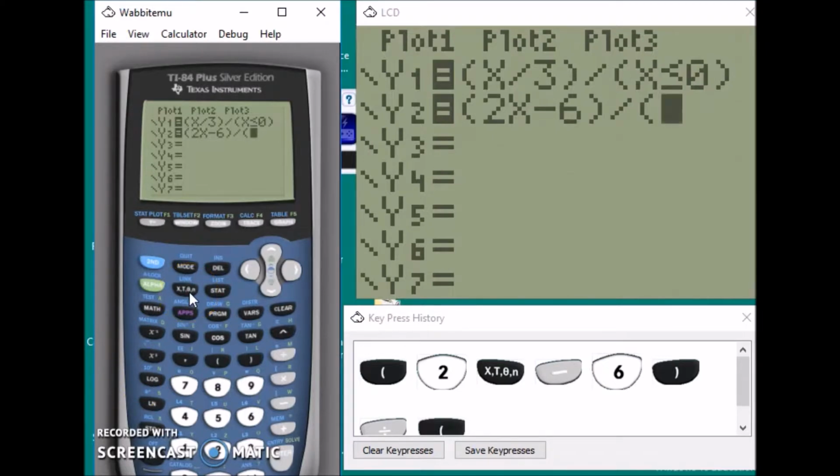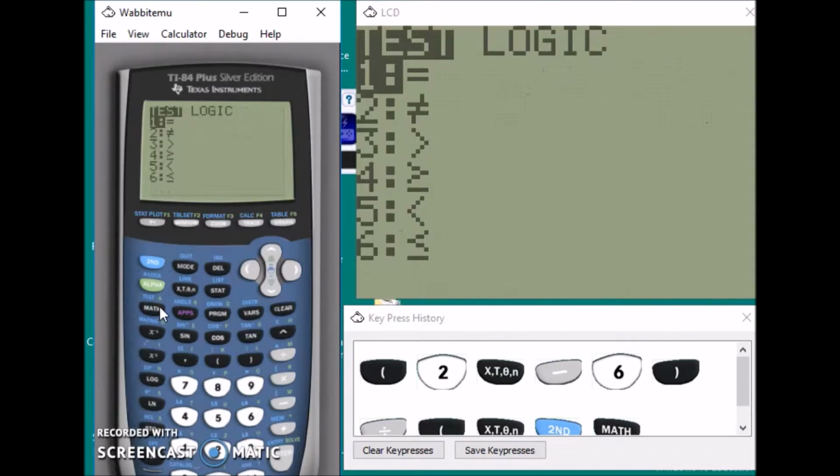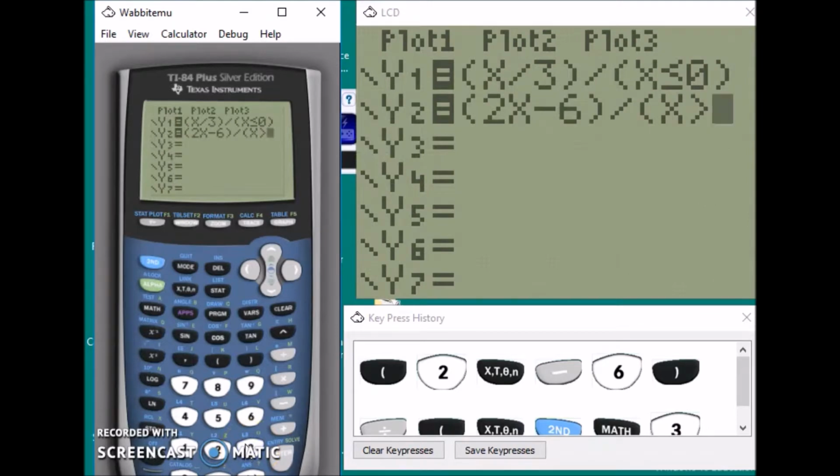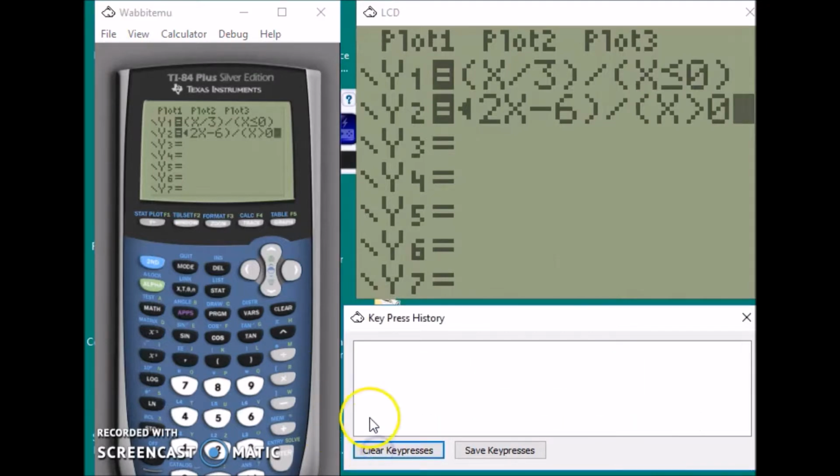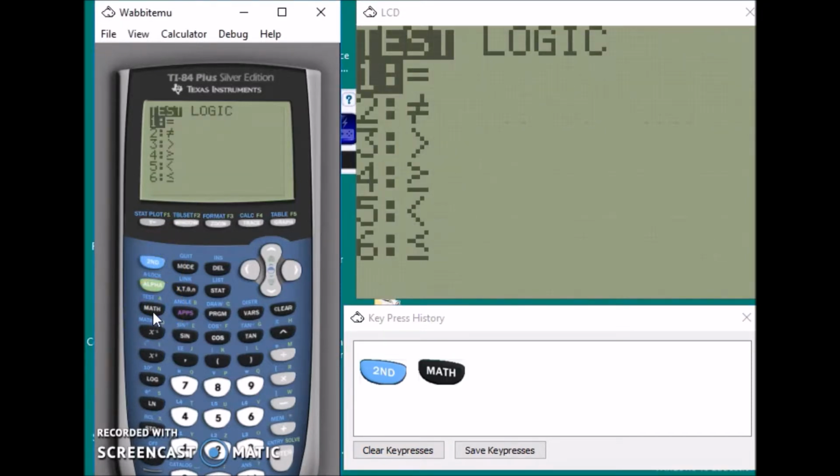So x greater than, so second math, number 3, 0, and I need the word and. So this is going to be a new one. Everyone say second math. That was horrible. Say it, class.